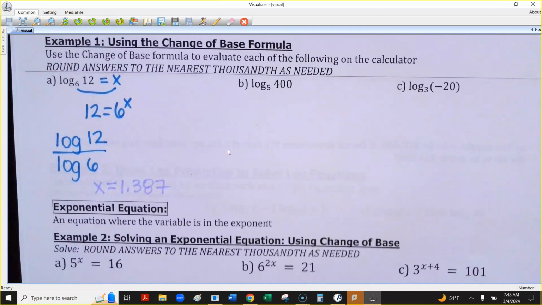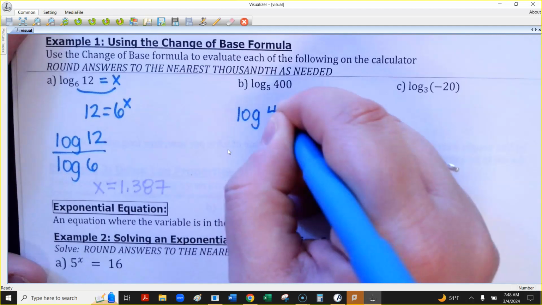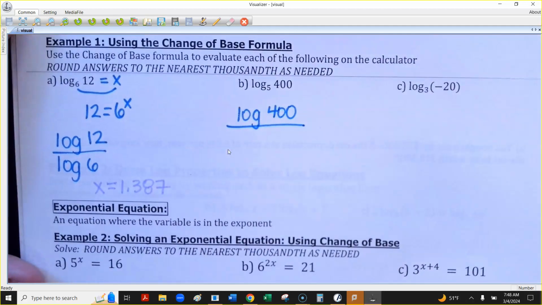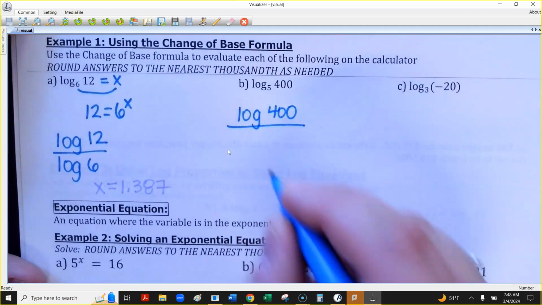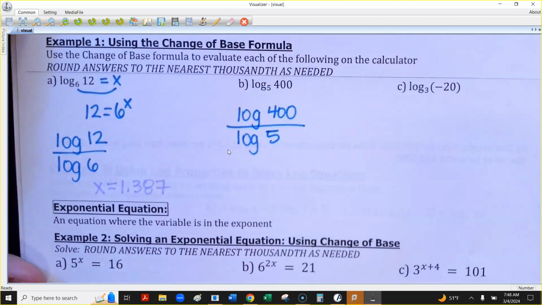Okay, so I want you guys to practice this. See if you can do these. If you're going to change the base, you're just going to take the log of whatever you're taking the log of, but we're going to do common log, change it to base 10. I'm just not writing the base in because I don't need to for that. And then you divide by the log of the subscript. Again, don't do, oh, 400 is divisible by 5. Don't do that. Just do log of 400, divide by log of 5, and see what you get.